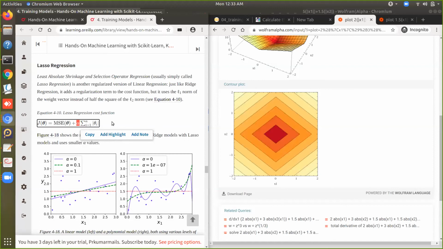So when you say it is going to impact, let me add to that. By doing lasso or ridge regression, what you're altering is the flexibility of the model.